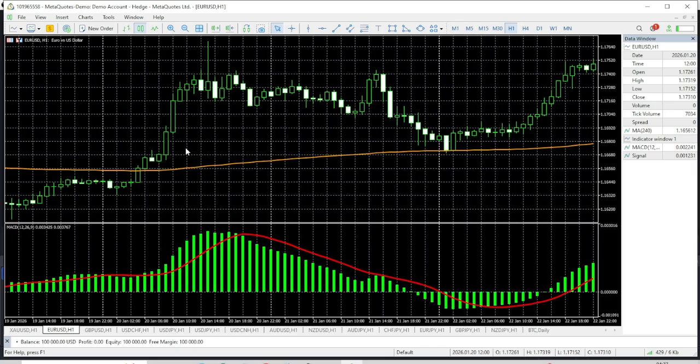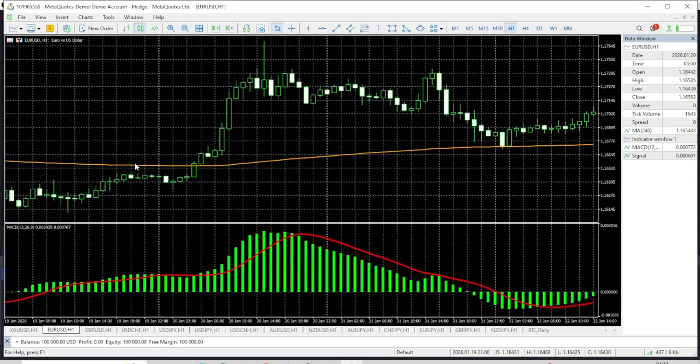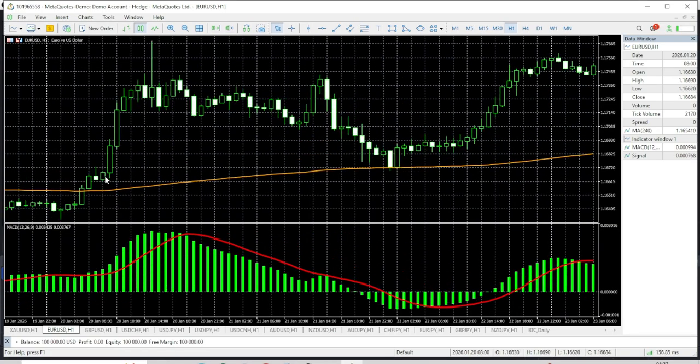Number one, we said that the EMA 240 gives us the direction of the market. So we wait for the market to be above the EMA 240, and that places us in a position to be buyers.